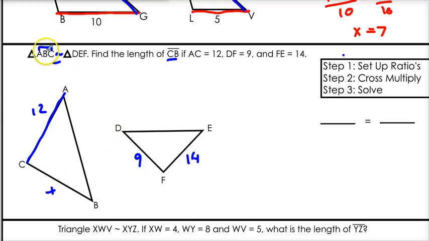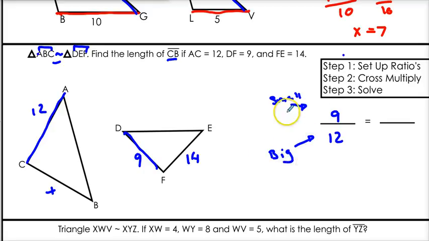Well, if A and C are the first and last letters, we can do that here too. That's D and F. So AC corresponds to DF. Let's set up that ratio. This time I'm going to do the smaller triangle on top. So that's 9 over 12. I put the small on top, and then on the bottom I put the big triangle.